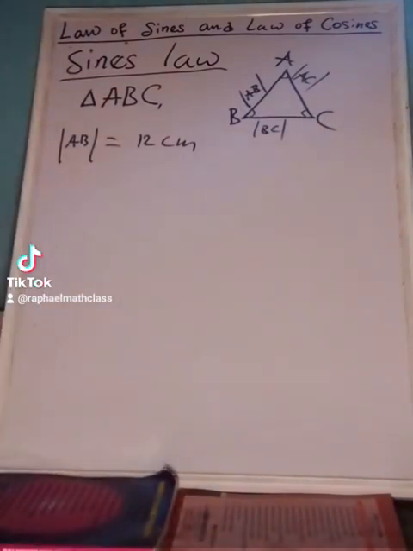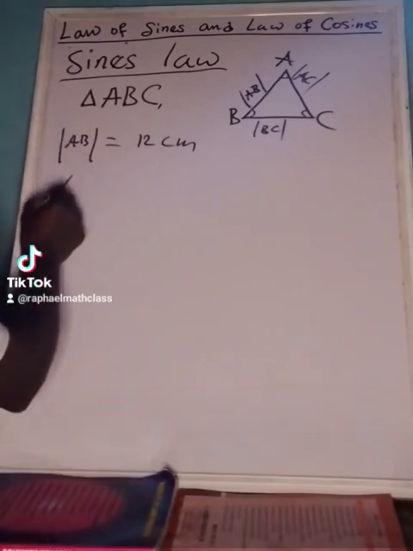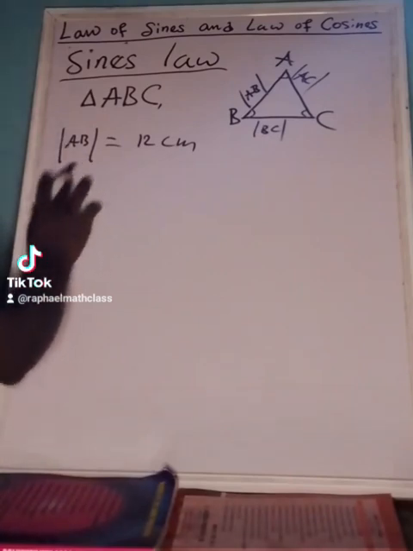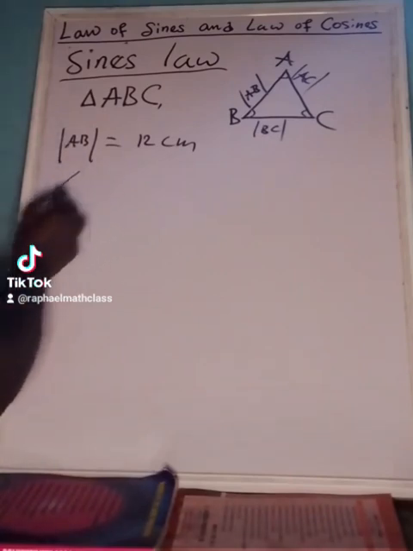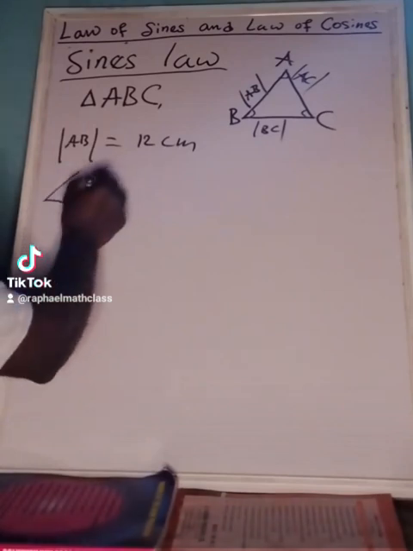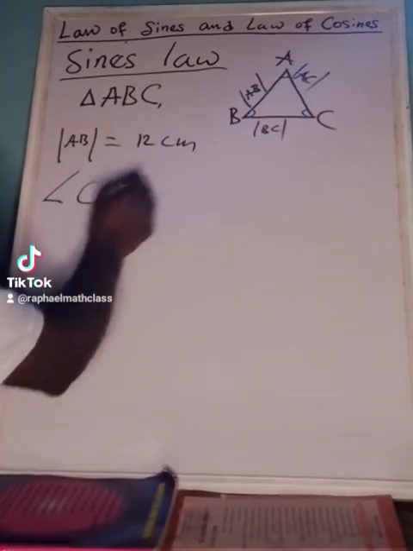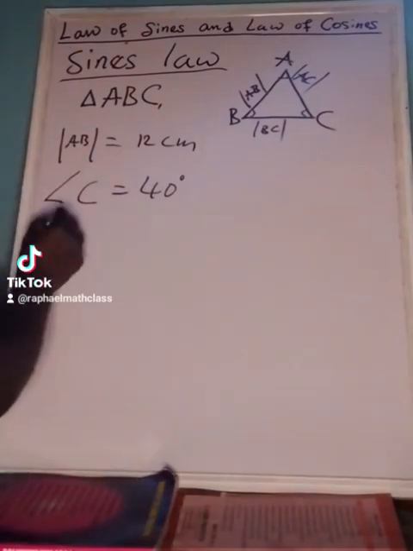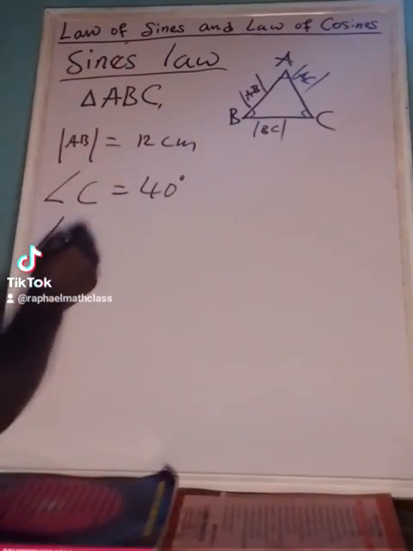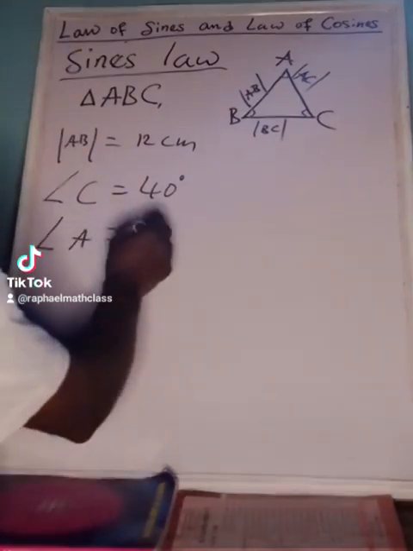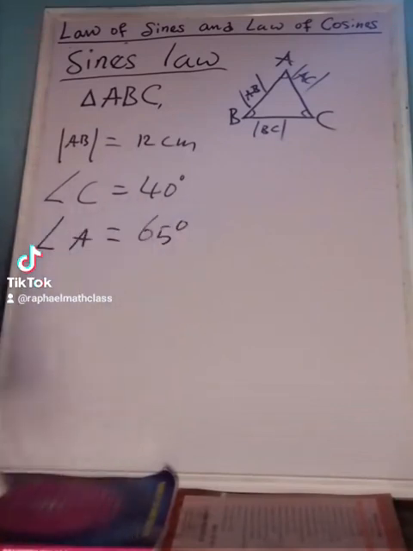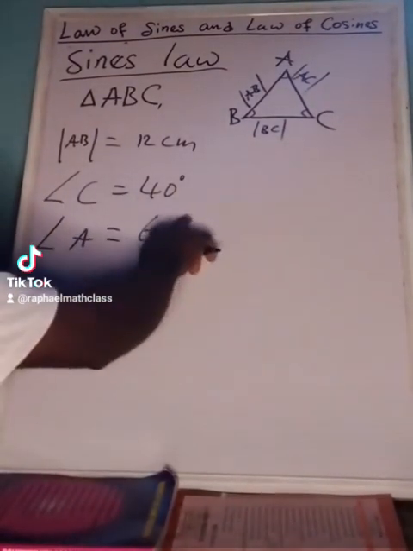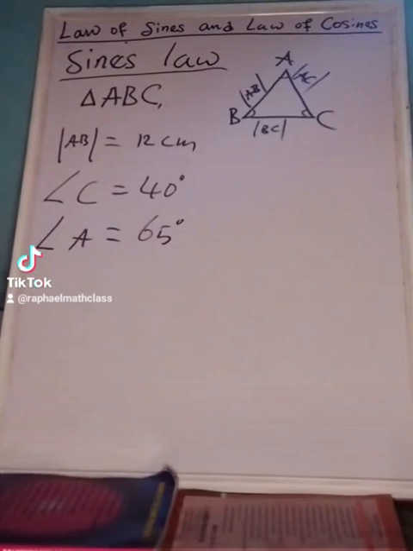Then angle C is equal to 40 degree. You understand? Then angle A is equal to 65 degree.